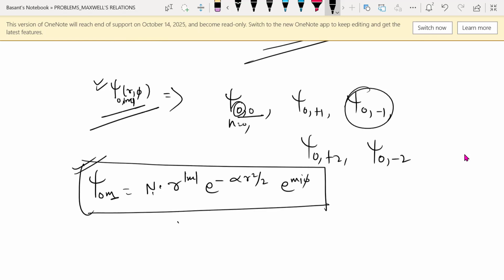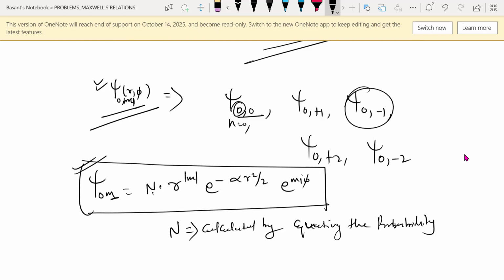And the normalization factor is calculated by equating the total probability to 1.